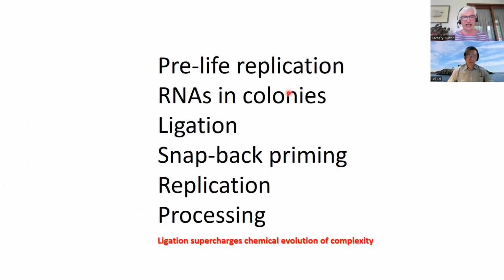So pre-life replication, you have RNAs in colonies, you have ligation, you require snapback primers, and any mini helix can act as a snapback primer. You have replication, you have complementary replication, and then you have processing, and you generate new molecules to add to colonies, but you also generate more complex molecules that become tRNAs and ribosomal RNAs and many other things as well.